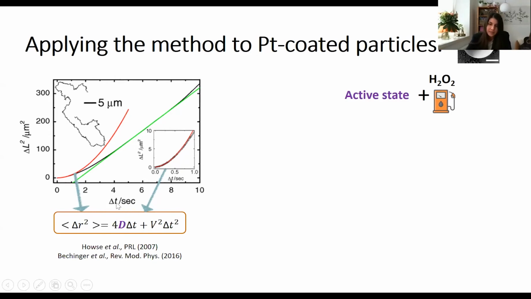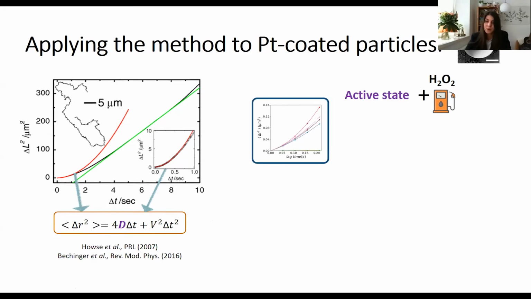One comes from this passive component that contains the diffusion coefficient, which is of interest to us, but also the active component that contains the speed of the particle. So by fitting this mean square displacement data in the short-term regime, we can obtain the diffusion coefficient also in the case of an active particle.